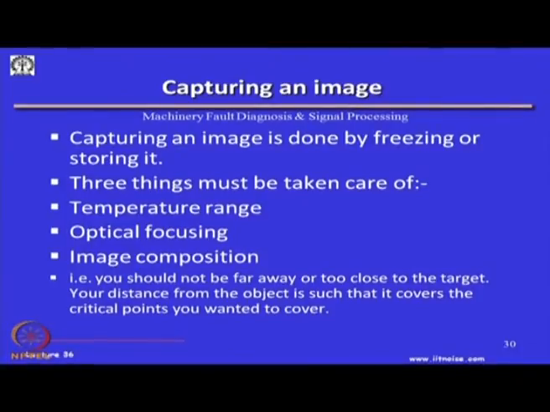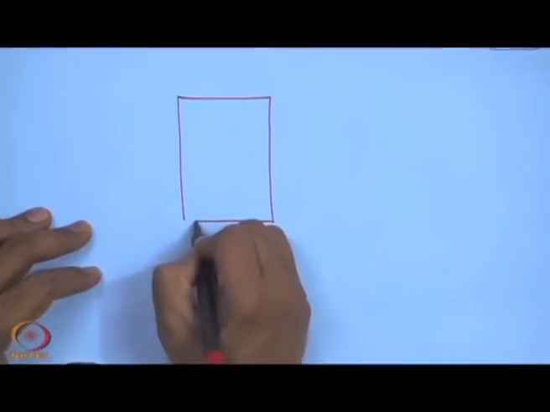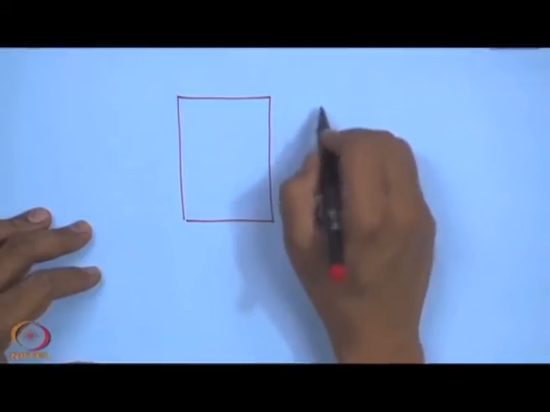So, essentially, 3 things must be taken care of while doing thermography: the temperature range, focusing, and the image composition. You should not be too far away or too close to the target. Your distance from the object should be such that it covers the critical points you wanted to cover. So, it depends on the focusing area and the depth of coverage.